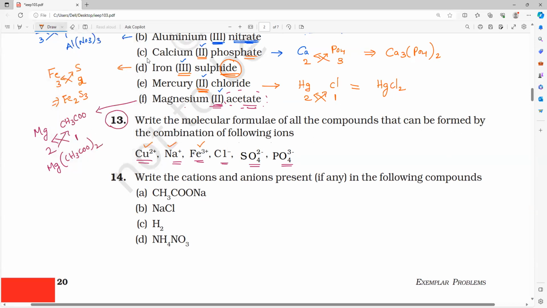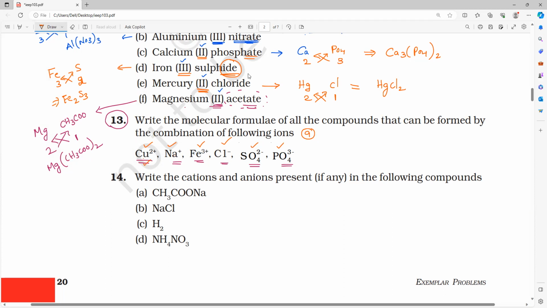These three are cations and these three are anions. Totally how many compounds will come? One cation with the three anions, the next cation with the three anions, and the next cation with the three anions. 9 compounds will come.